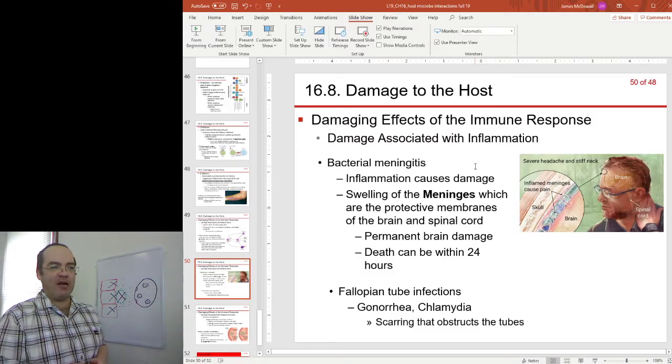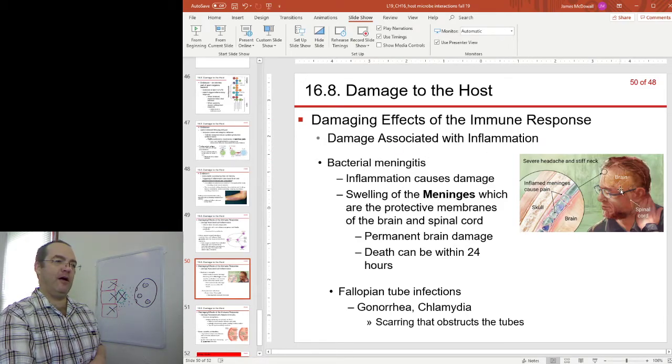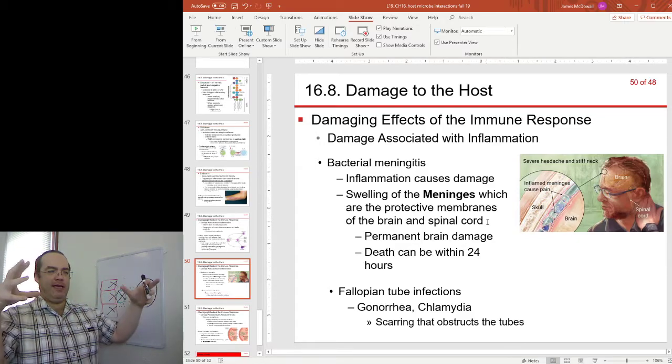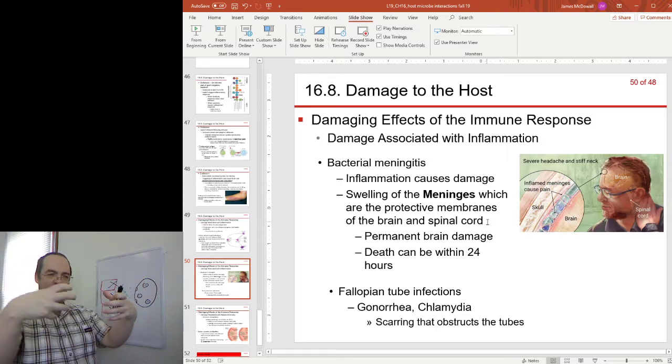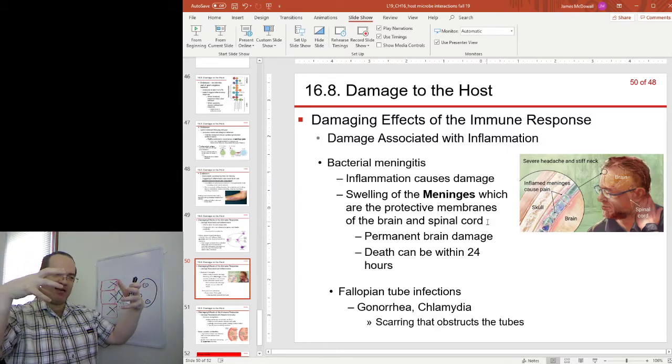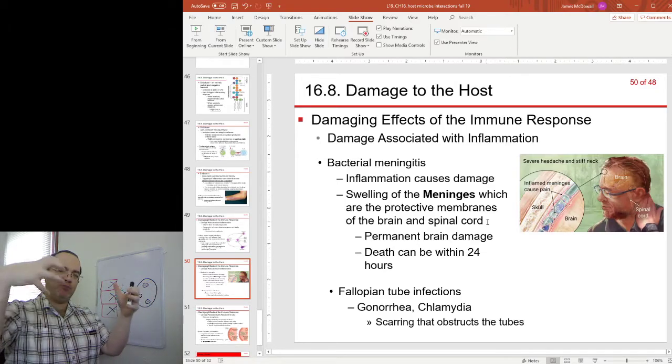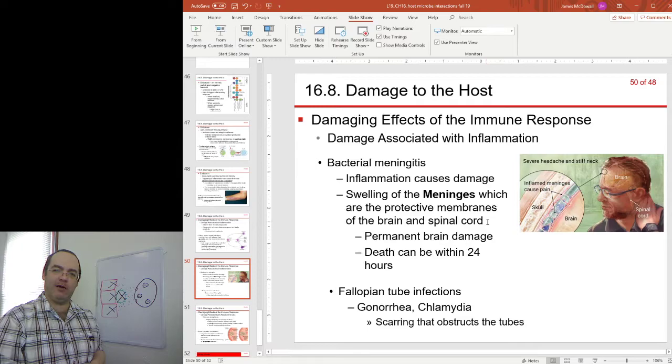But there are many delicate parts of the body, particularly the meninges. Those are the membranes that surround the brain and the nervous tissue. If that swells, there's only so much space. If the space in your brain is being taken up by swollen tissue, that means that it is pushing into the brain itself and damaging it.